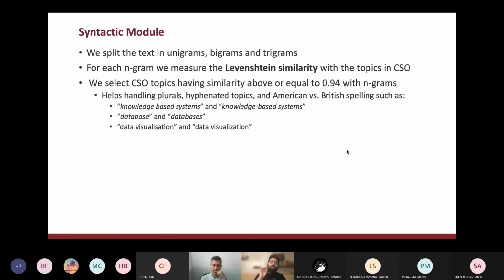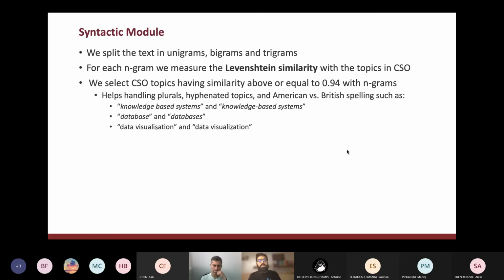And there are several heuristics that we can use. In particular, we used the Levenshtein similarity. The Levenshtein similarity is just a string similarity. It takes two strings, compares them, and gives a value. So if, for example, I give an example, string 1 and string 2, it's going to return the level of similarity. And if this similarity goes above a certain threshold, we can consider these words similar.